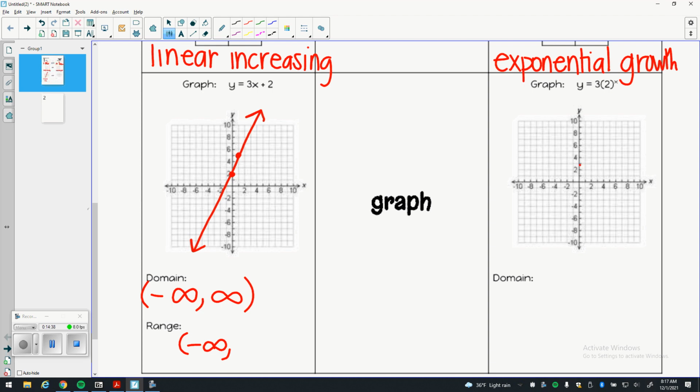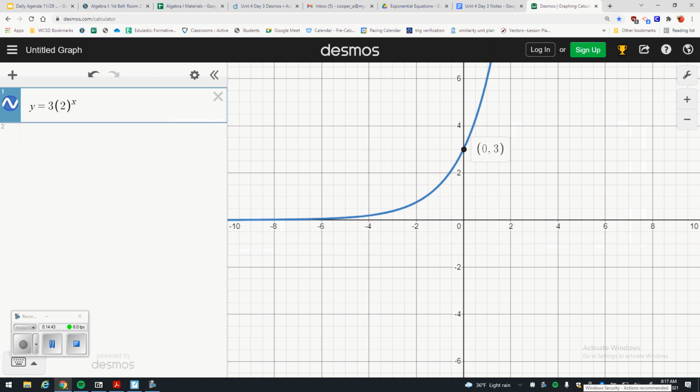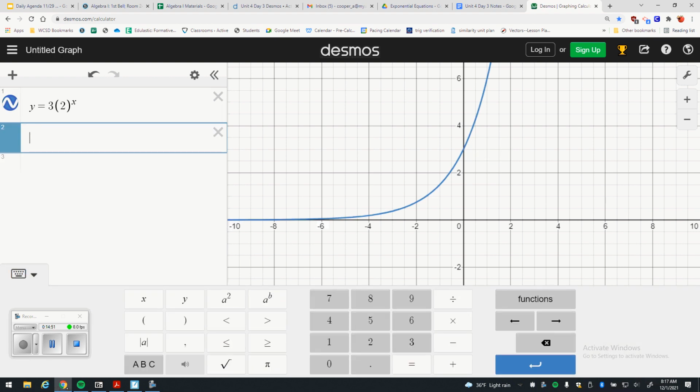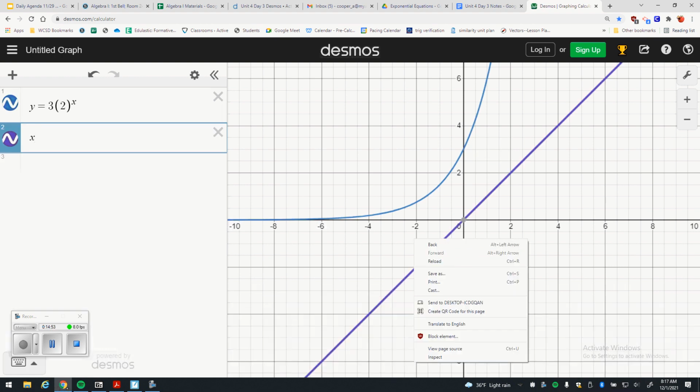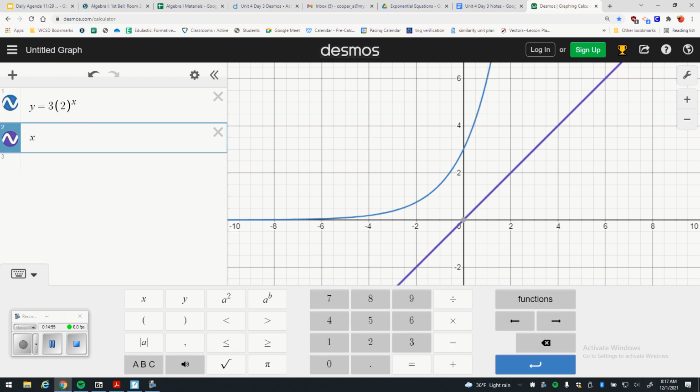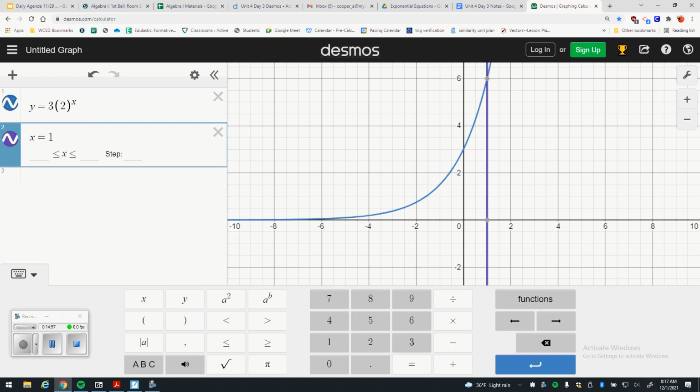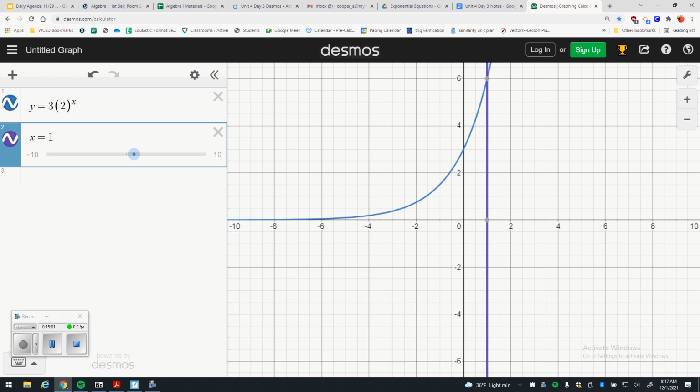Okay, let's talk. Is this growth or decay? How do we know? The J shape. Alright, if it's growth, how do I find my next point? X equals 1. What do I look for? Where they intersect. 1, 6. Is it pretty? Yep. So I come back here.